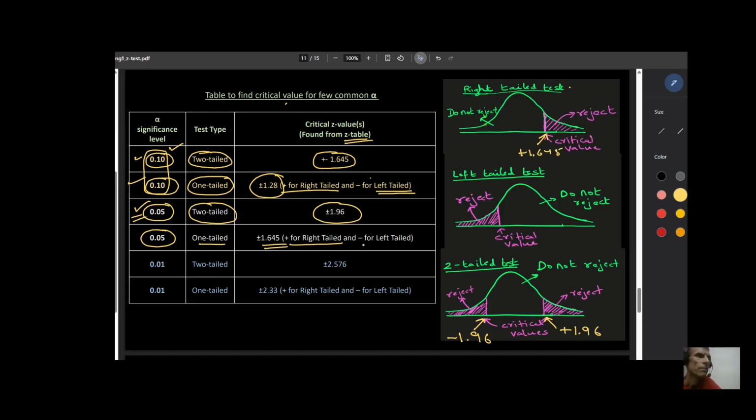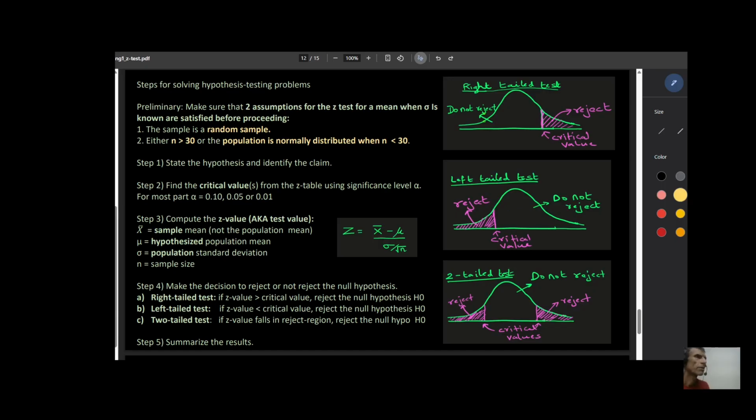On the other hand, if it's a left tail test at alpha equal to 0.05, this is going to become minus 1.645. So this one right here is going to be minus 1.645. Assuming now you understand this, let's try to apply this in our hypothesis testing problems.